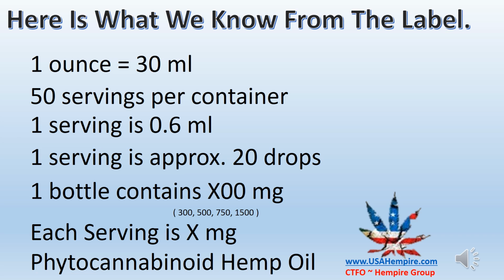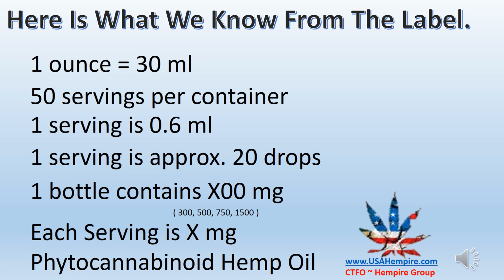0.6 milliliters is approximately 20 drops from the dropper that is included in the bottle. Now, each of our bottles contains a different number of milligrams: the 300 milligram, 500, 750, 1500 milligram bottles. It is the bottle that contains that many milligrams.